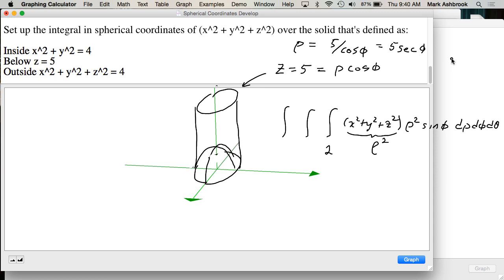Starting from phi equals 0, the z-axis, until pi over 2 is down here. We need to figure out what angle phi that is to the edge of where this disk intersects the circular cylinder. You see that? Our horizontal up there is 2, our vertical is 5. So this is 2, and this is 5.